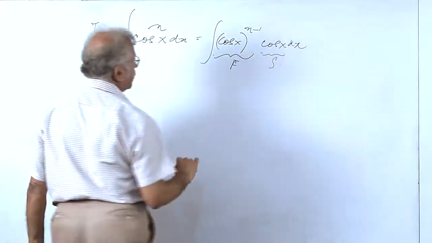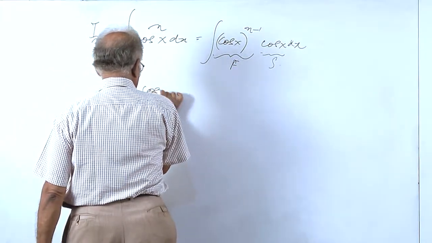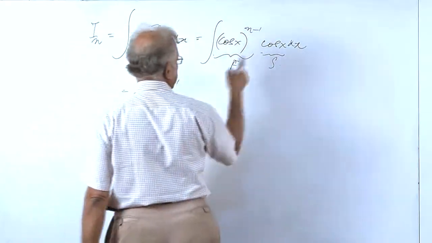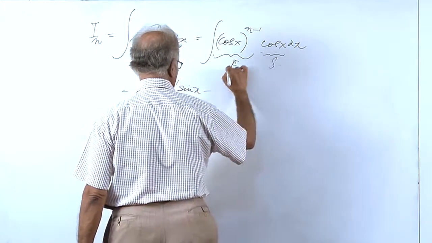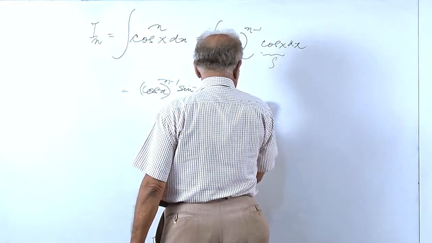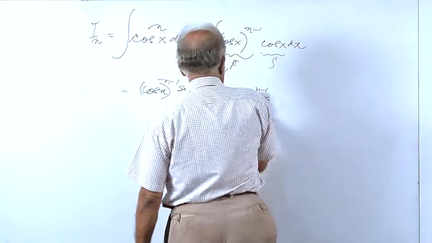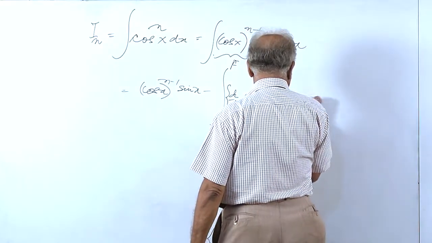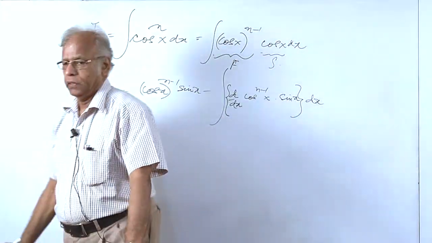So, applying the rule of integration by parts, this equals first function cos x to the power of n minus 1 unchanged, integral of cos x, that is sin x, minus the derivative of cos x to the power of n minus 1 into the integral of the second function sin x, whole integrated with respect to x.